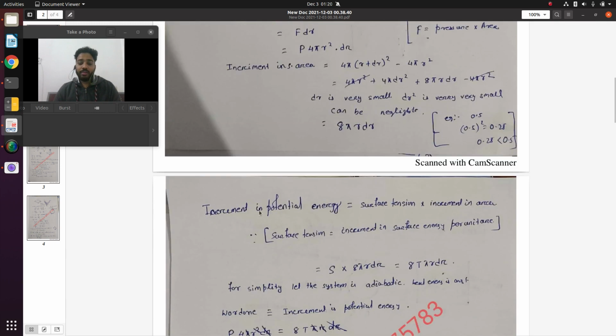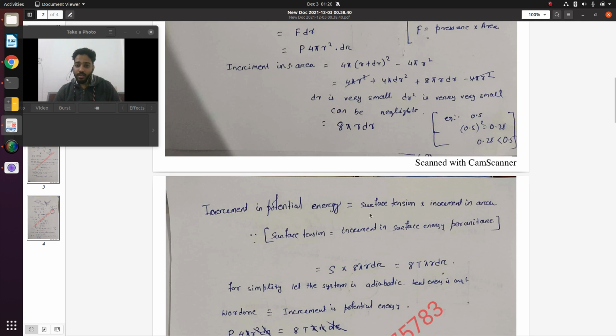Then when the surface area increases, the potential energy also increases for that liquid drop. The increment in potential energy is equal to surface tension into increment in area. Why? We know that surface tension is the increment in surface energy per unit area.